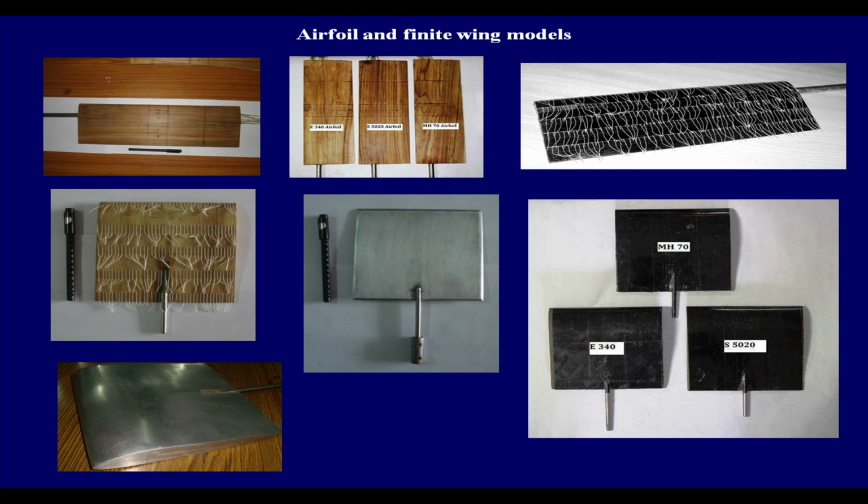We have a very fantastic and classical book on the different sections, especially NACA sections, which is Theory of Wing Sections by Abbott and von Doenhoff. If you haven't gone through that book, make sure you pick it up from somewhere and go through it. It will be a really good experience.